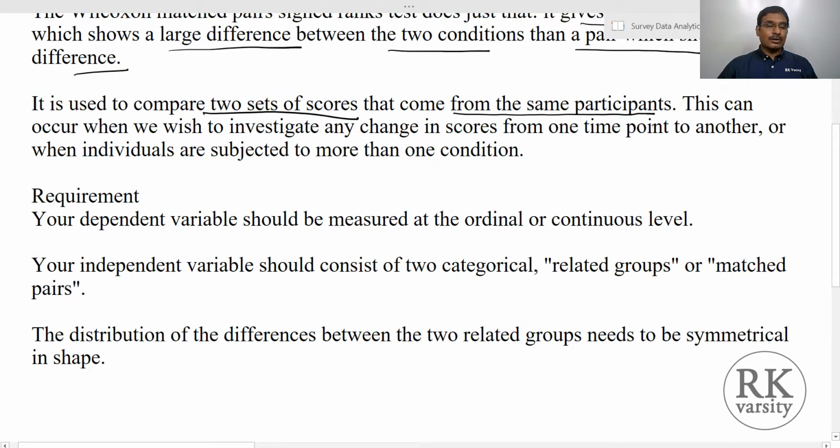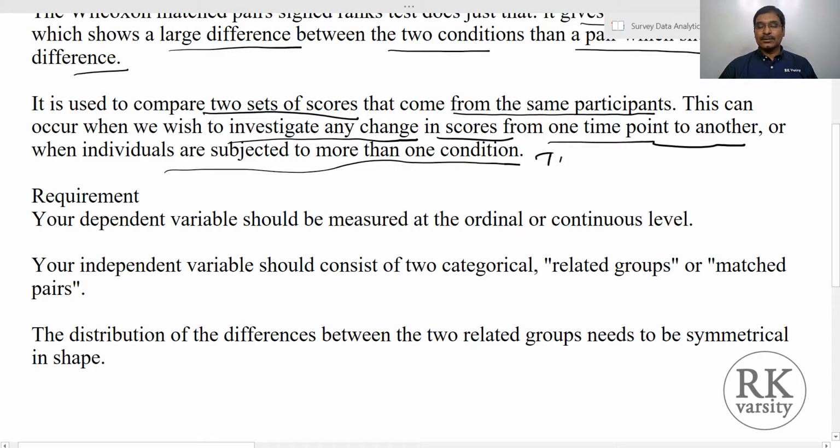The Wilcoxon test can also be used when we wish to investigate any change in the scores from one time point to another time point, or when individuals are subjected to more than one condition. So the scenarios are similar to the sign test. That is, one is time and the second is condition.